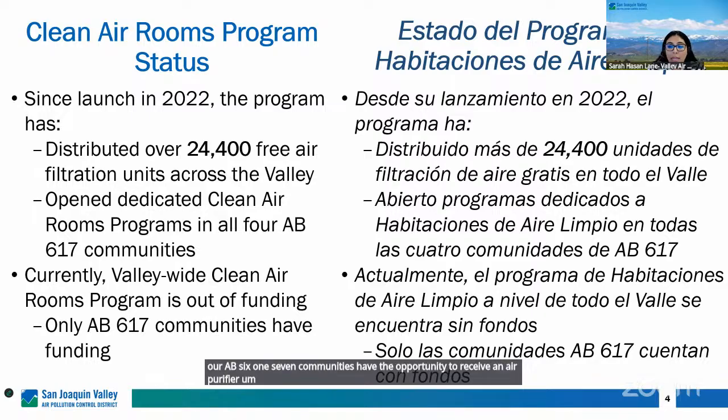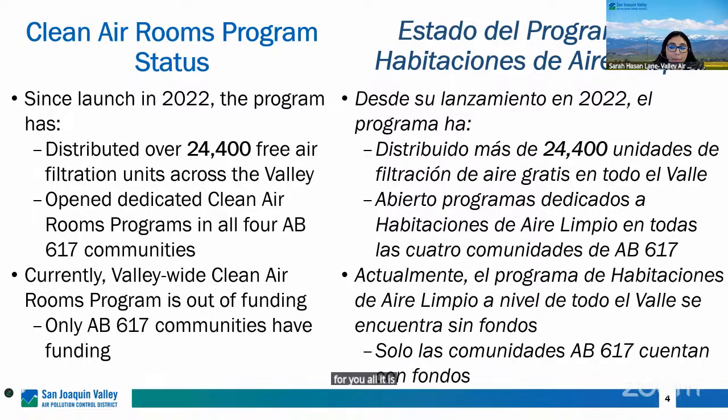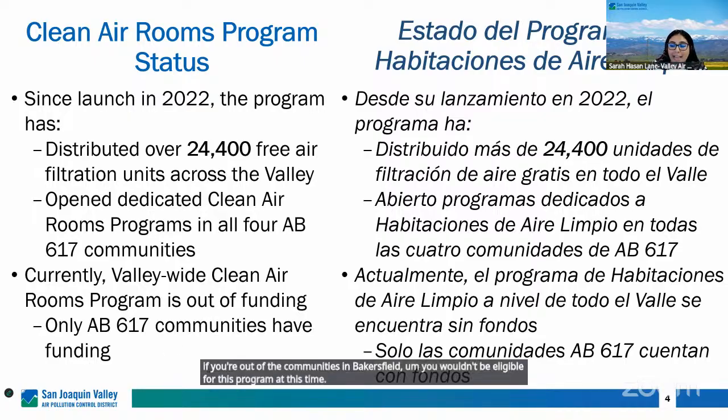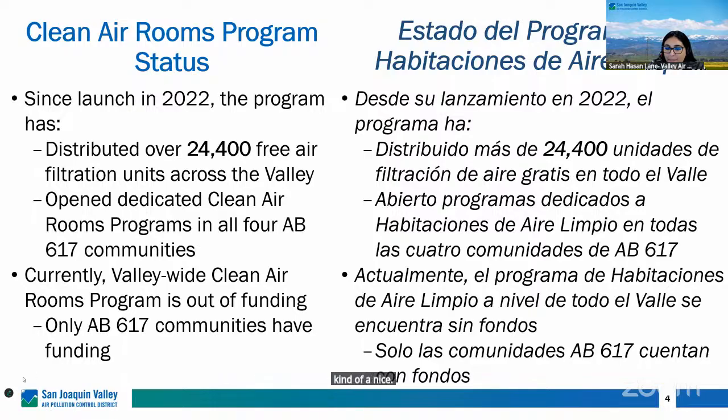For you all, once we open the program, you can go on the application portal and apply. If you're outside the AB 617 communities, like if you just live in Bakersfield, you wouldn't be eligible for this program at this time. So it's a nice perk for the community.